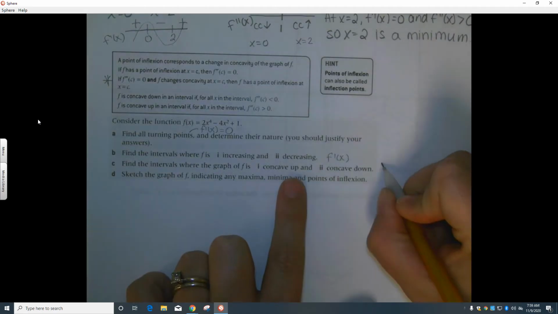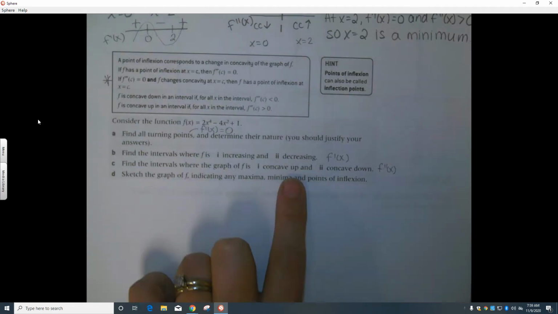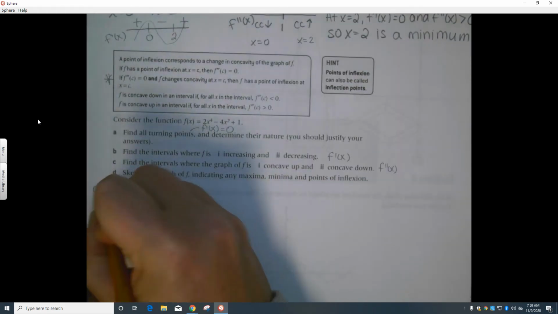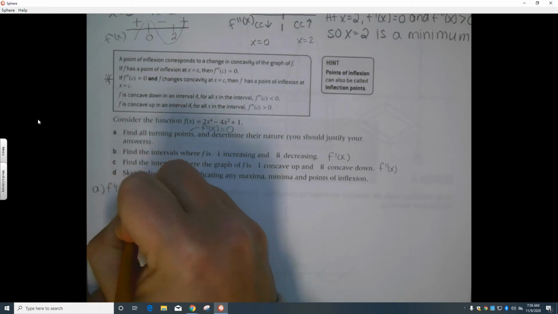So I'm probably going to do the first derivative test here. But then in part C, concave up and concave down, I need the second derivative for that. And then we're going to sketch. So I'm going to need both.